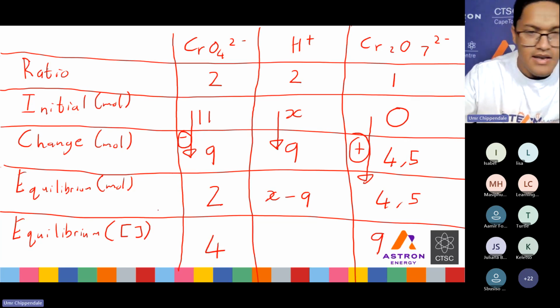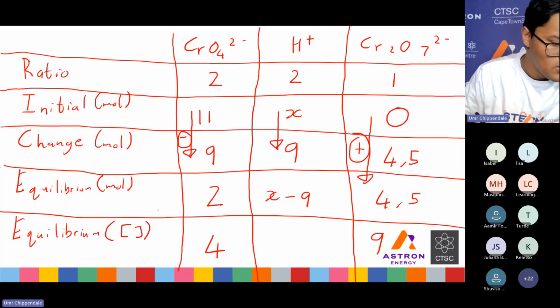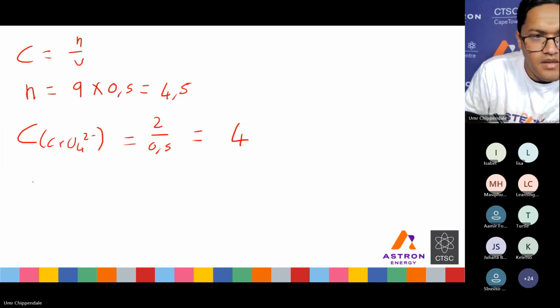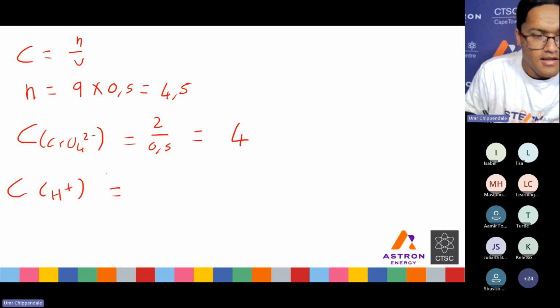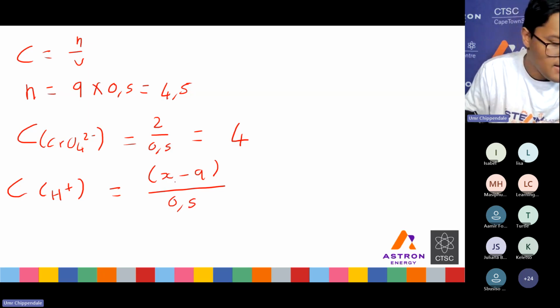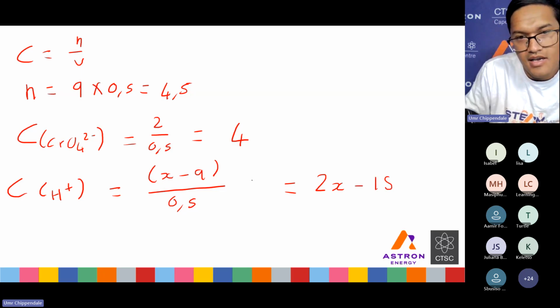Good. Now, for our equilibrium over here, we are basically going to say the concentration for our hydrogen ion. That is going to be our X minus 9 divided by 0.5, which is our volume. And if you type that in your calculator, that's going to give you a value of 2x minus 18.